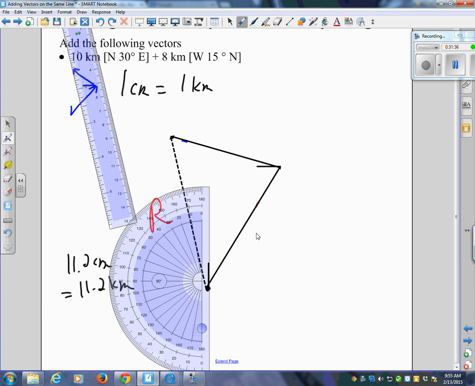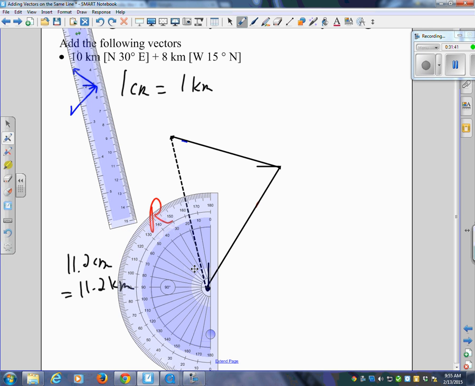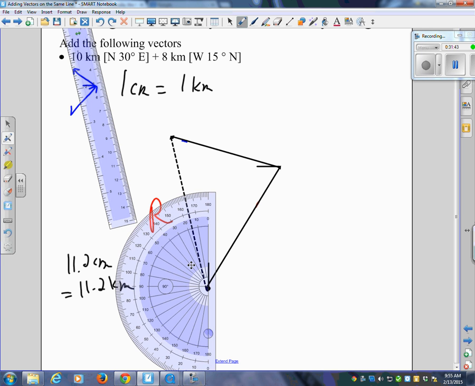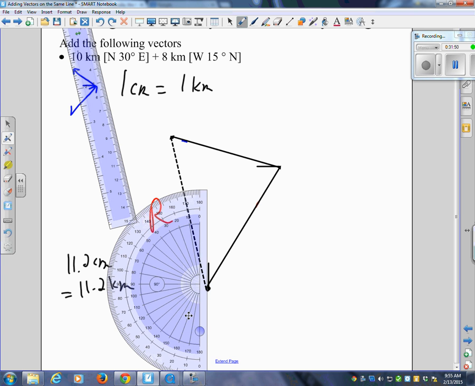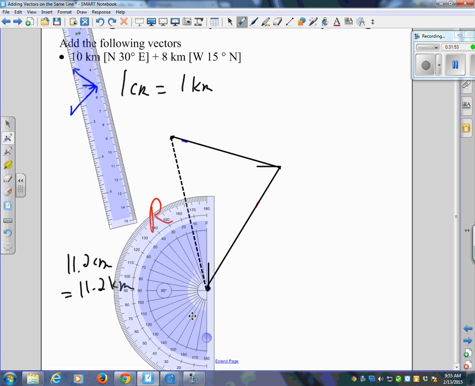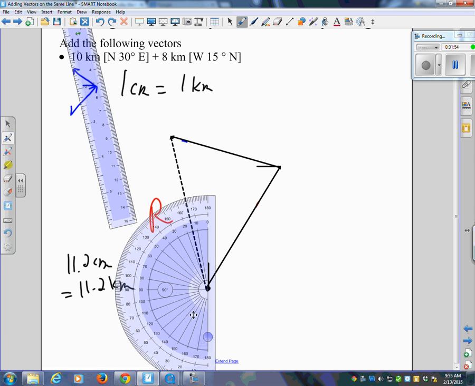You have to measure from north. Okay, so you put your protractor in there, and you measure that angle, and it looks like it's going to be about 14 degrees, roughly. Hang on, let me get that in the right spot. It looks like about 15 degrees, roughly, right? So that's going to be north 15 west.